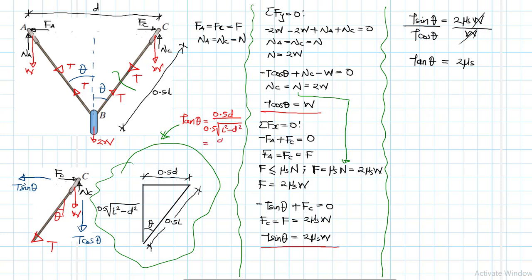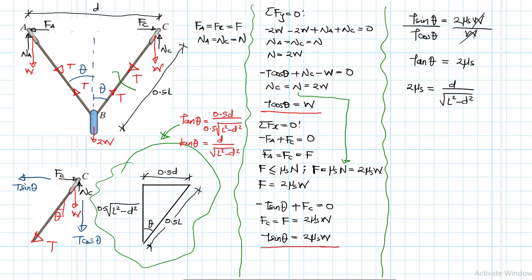This is therefore equal to just D divided by root of L squared minus D squared, right? So we can equate the two, and if we did so, then we'll have 2 mu s, which is equal to D divided by root of L squared minus D squared.